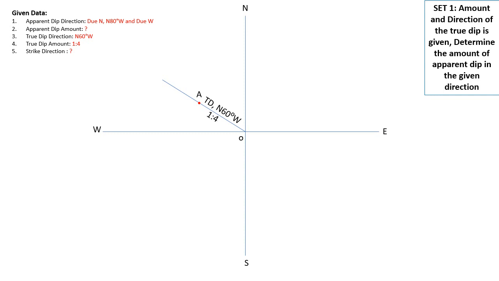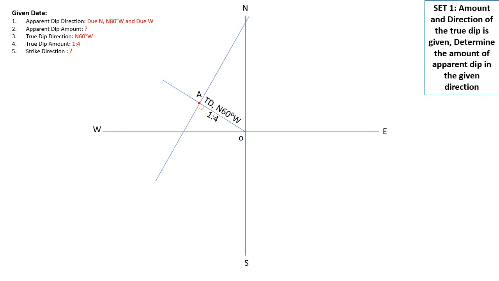Then what is the next step? We need to draw a strike line which is perpendicular to OA, because OA is our true dip. True dip is always 90 degrees to the strike. So we draw a perpendicular line to OA from point A, that is 90 degrees.